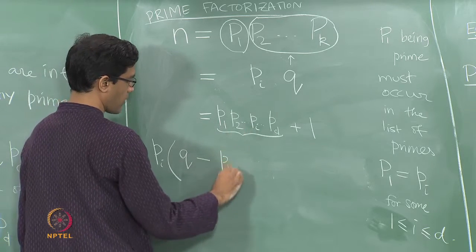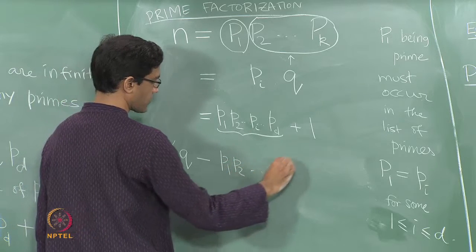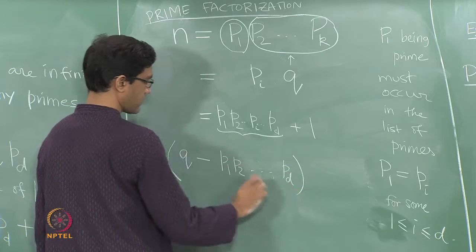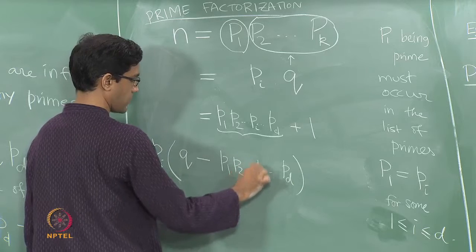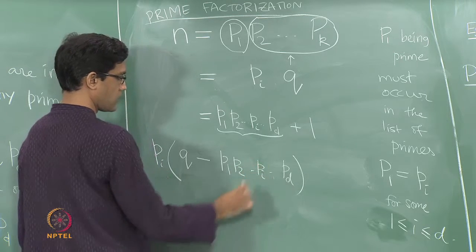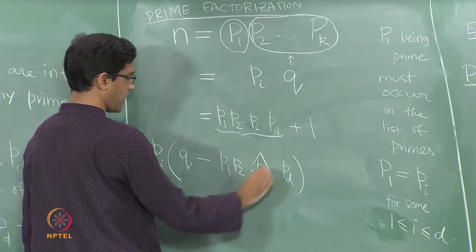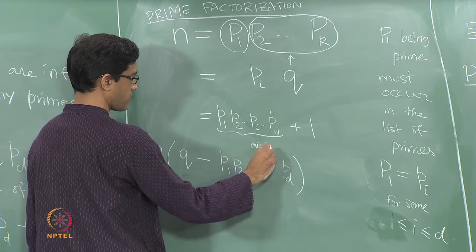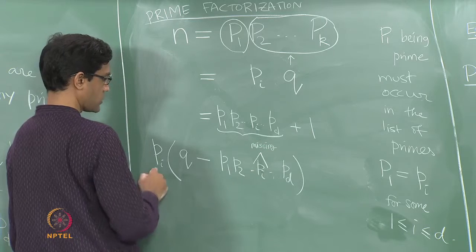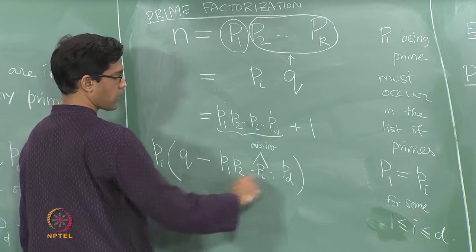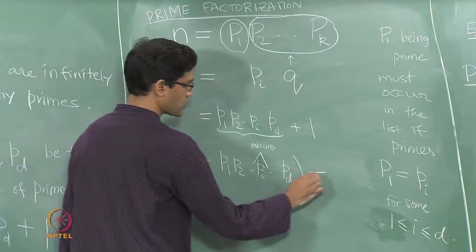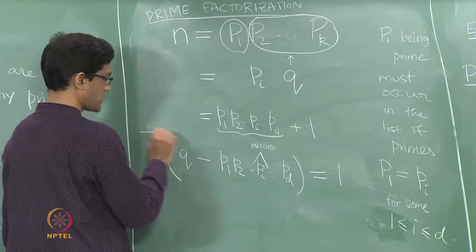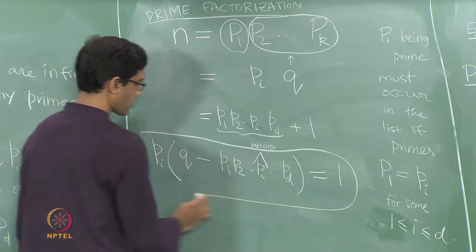So this is now the product P1, P2, up to PD in which Pi is missing. Pi has now been pulled out. This Pi term here, I'll put a hat on top to say that you should think of that term as being missing from this expression. So it's Pi times Q minus the product of the other Pi's is the number 1. That's the conclusion we make finally.